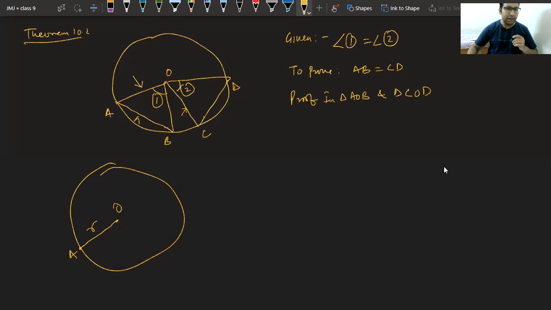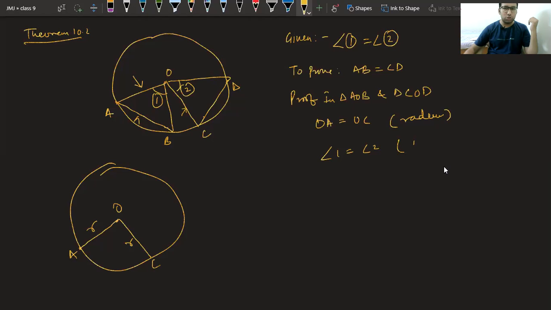So OA and OC are both the same. That is why I said it is equal. So we can say OA is equal to OC, both radii. Similarly, angle 1 is equal to angle 2. I guess Tanay, you were there yesterday, weren't you? Okay, we got this now.